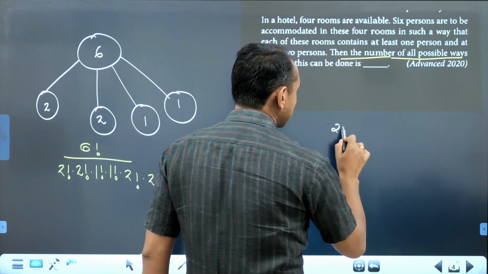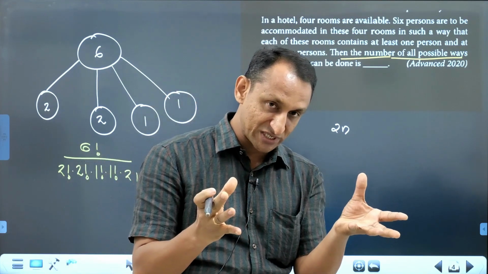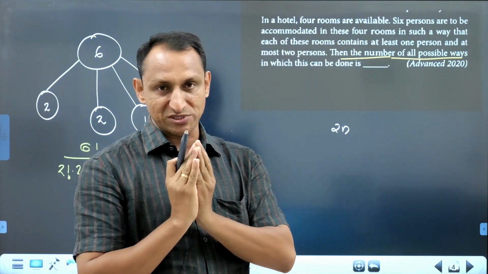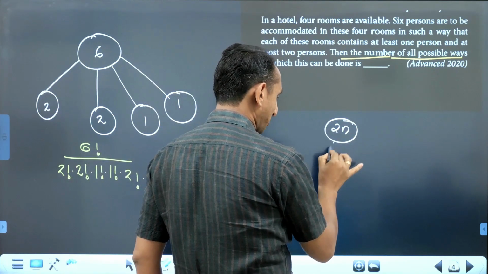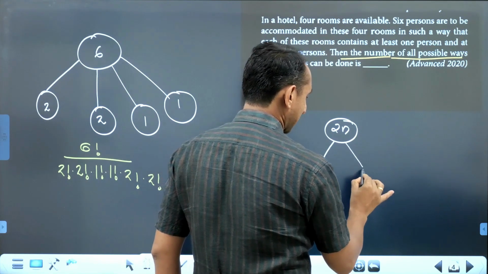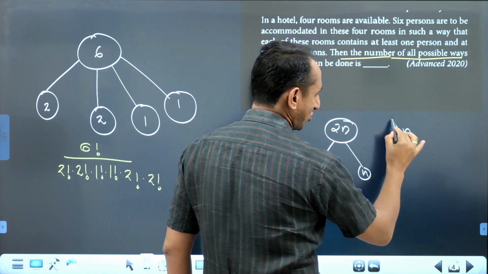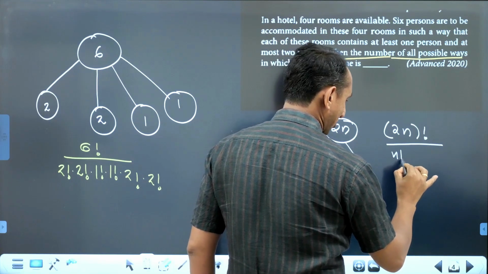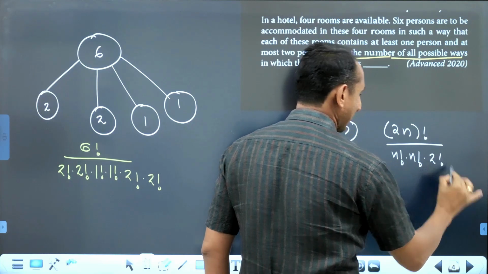2n distinct objects divided into 2 equal groups. Equal groups means one group contains n objects and the other group also contains n objects. The formula is 2n factorial by n factorial into n factorial into 2 factorial.